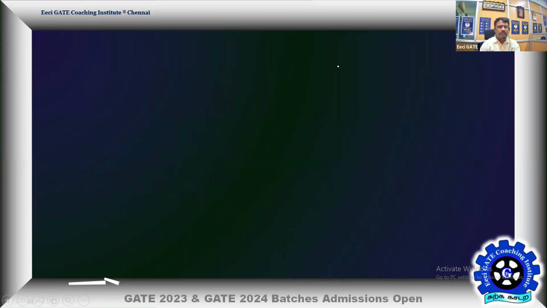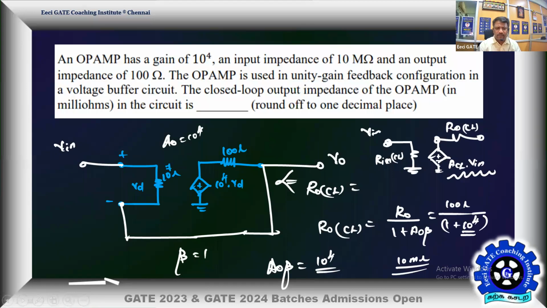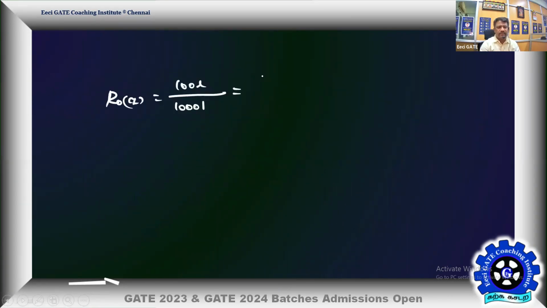The accurate solution: R0 CL should be equal to 100 ohms divided by 10,001. Your answer must be in milliohms rounded off to 1 decimal place. So 100 by 10,001 needs manipulation for accuracy of the answer.